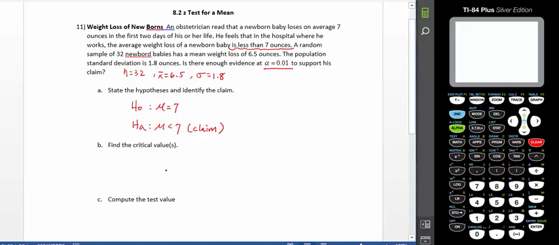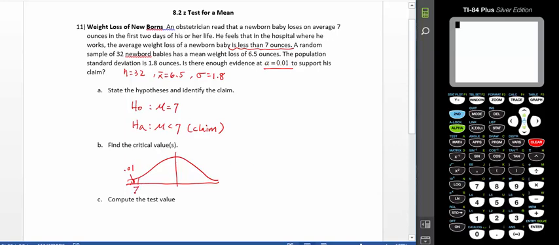B, find the critical values. Well, since this is a left tail test, and we know it's left tail by looking at the alternative hypothesis, it's a less than, so 0.01 is the area on the left tail.